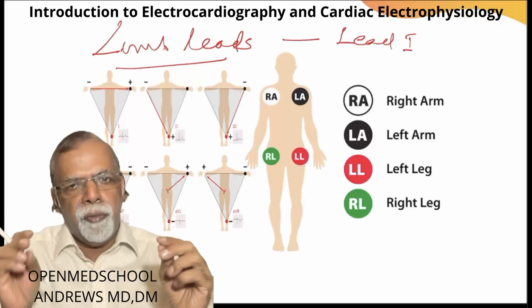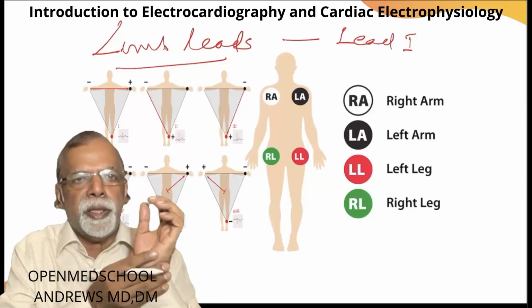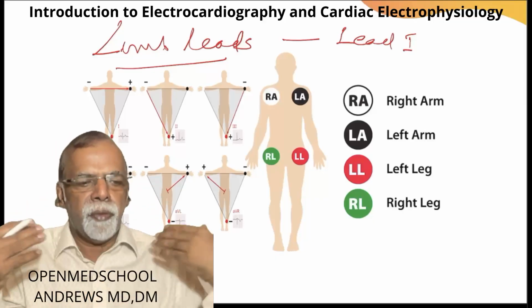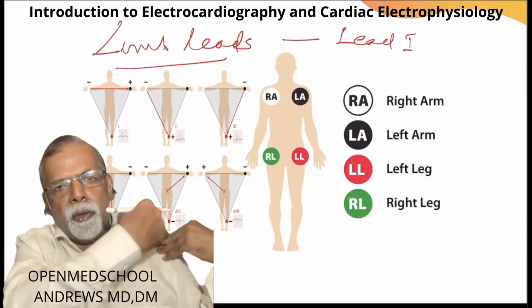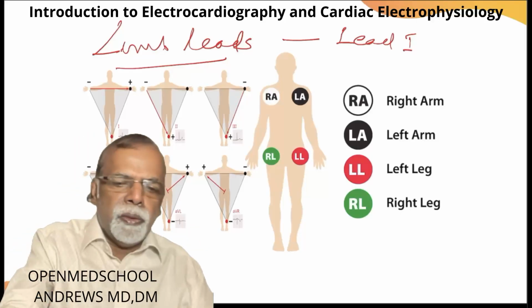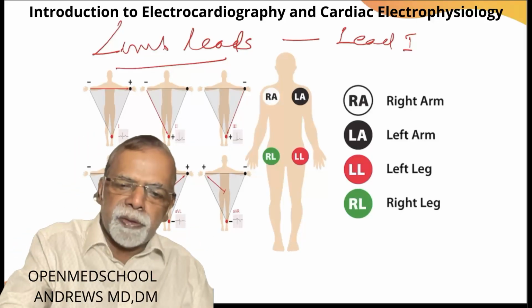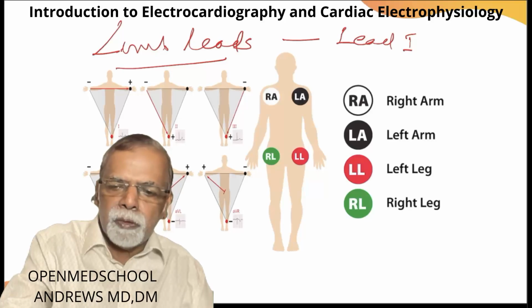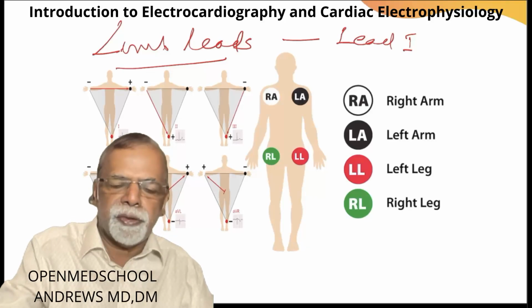That is lead 1, where the positive is on the left side. So this is the potential difference we are looking. From the left side, we are looking into the heart. That is the concept. So lead 1 you represent like this. This is positive, this is right, this is left.